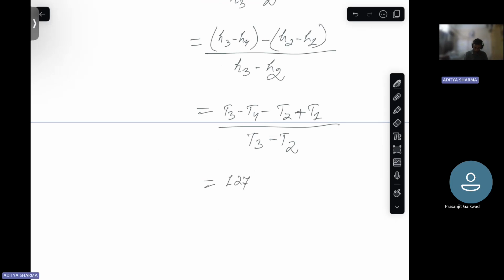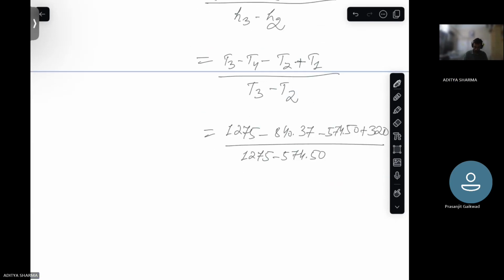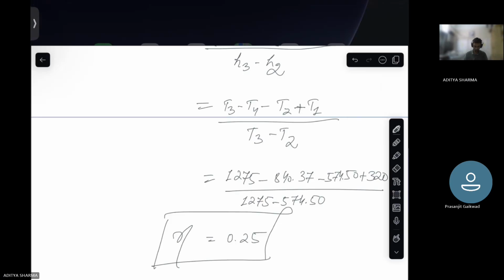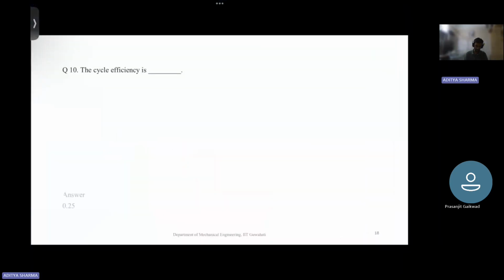Now putting the values, 1275 maximum temperature, 840.37 T4, 574.50 T2, T1 is 320, divided by 1275 minus 574.50. So this will come out to be 0.25. So this is the cycle efficiency for question number 10 of paragraph second.